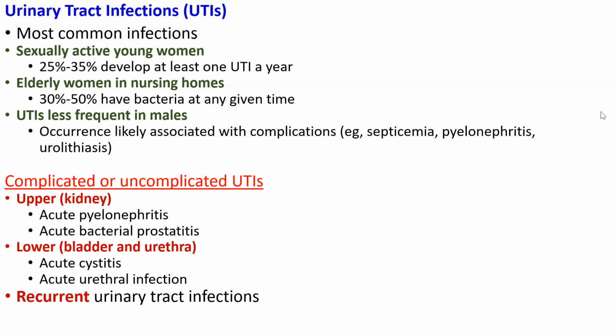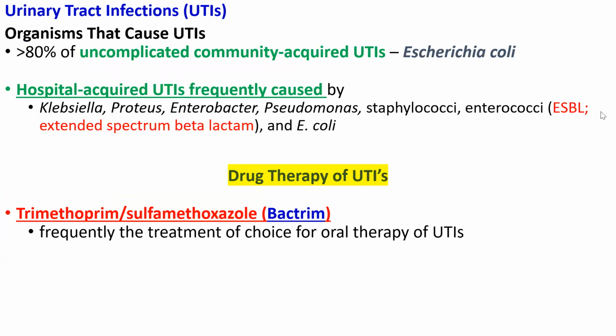The UTI can be complicated or uncomplicated. Organisms that cause the UTI: about 80% of the UTIs are uncomplicated community-acquired UTIs, and the most common bacteria is E. coli.